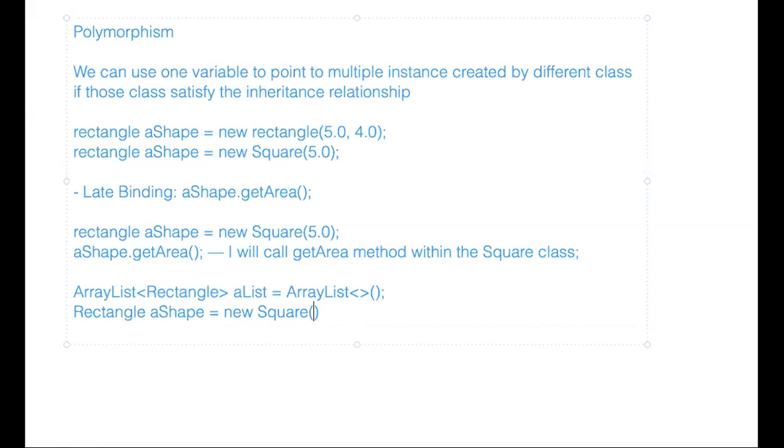I can do new square, for example. And I can have a list dot add a shape. Okay, and add it into the shape rectangle class. So you should create the instance, right? You create the instance and then add it. You cannot add a shape directly unless you create the instance for that. So far, so good.